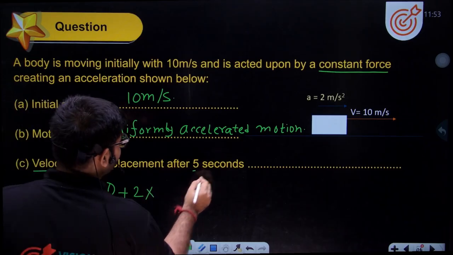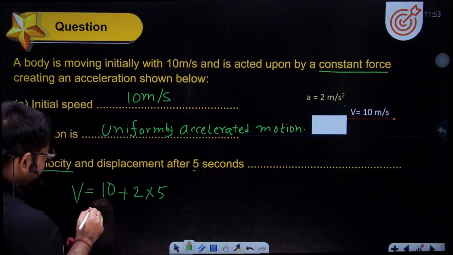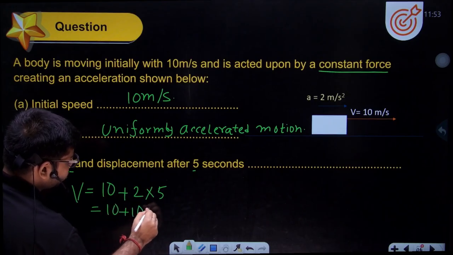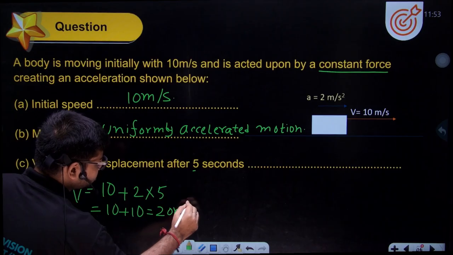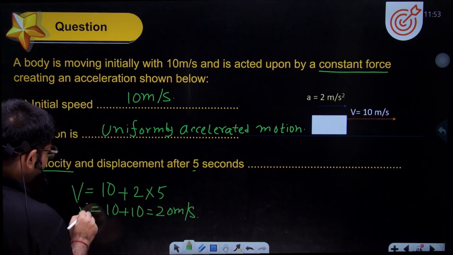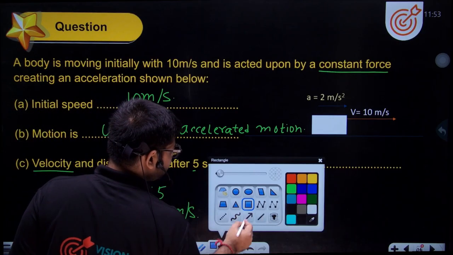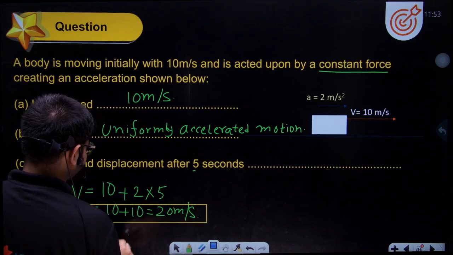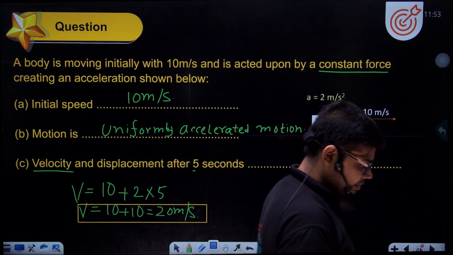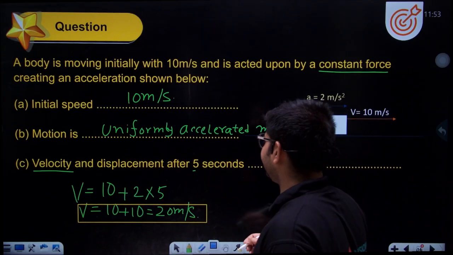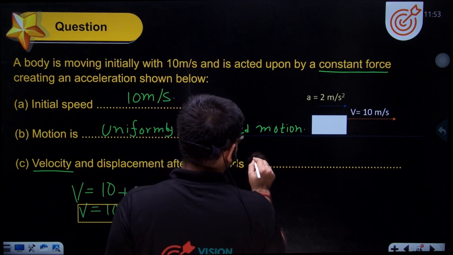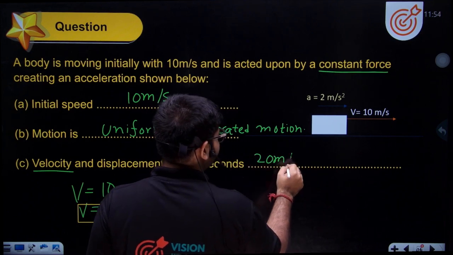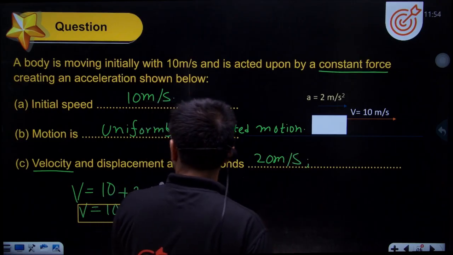T they are talking about is 5. So that means you have 10 plus 10, which is 20 meter per second. So this is going to be your velocity after 5 seconds. After 5 seconds, your velocity is going to be 20 meter per second.